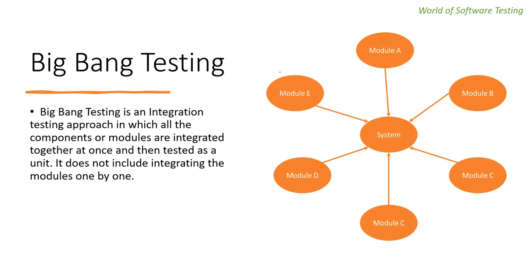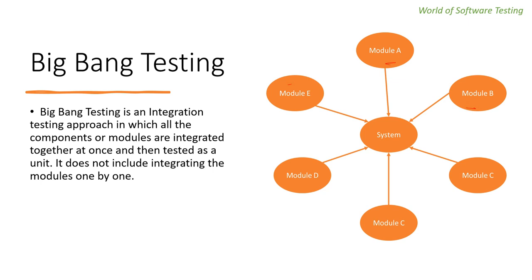Because it can be this, or this, that is causing that particular issue. So the Big Bang approach is a very time consuming process of finding the module which has a defect, and once the defect is detected, fixing it would cost high as the defect is detected at a later stage.